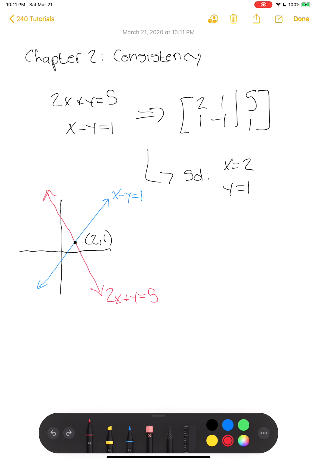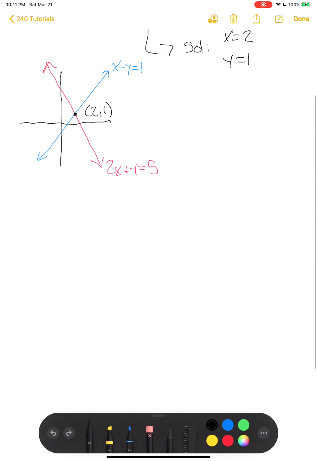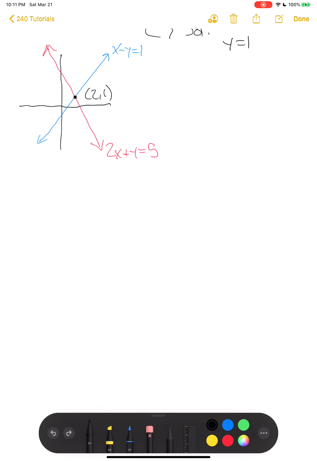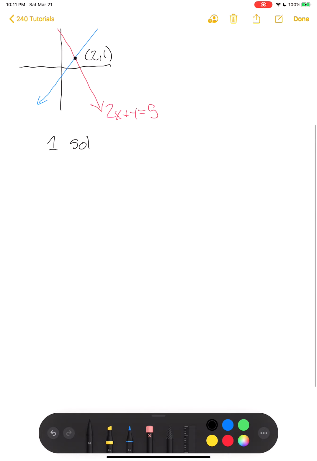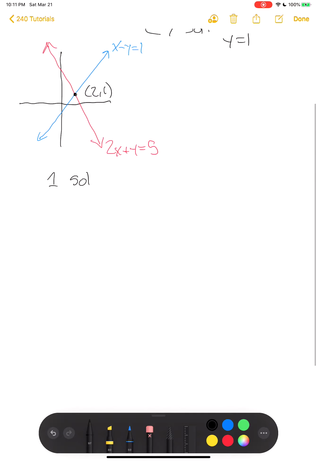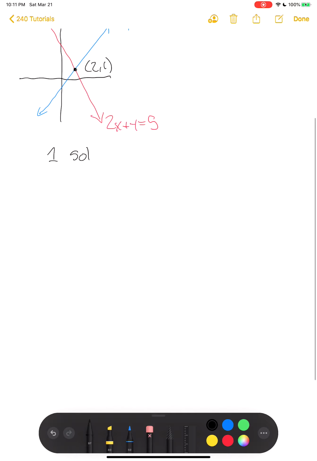So let's just forget this example for a second. Let's look at the other cases we can have if we're given a 2x2 system of equations here. So in this particular case, I had one solution. Is there a possible case where we have no solutions? Yeah, so if I draw my coordinate plane again, let's say I make my first line look like this.